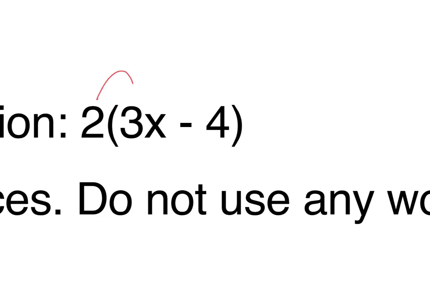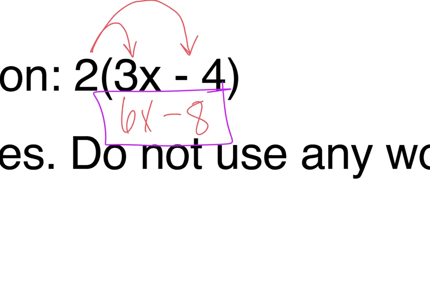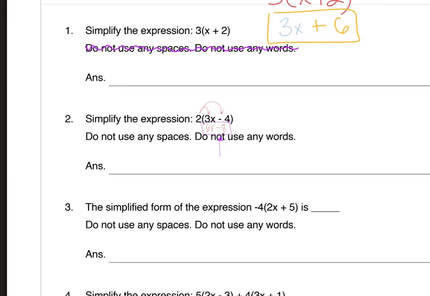So 2 times 3x, that's 6x. 2 times -4, that's -8. If you are still not getting it, when do you have a negative? When do you have a positive? That's something we need to talk about. You need to come up to me and say, I did not know how this is a -8, because if you don't, that's an issue.